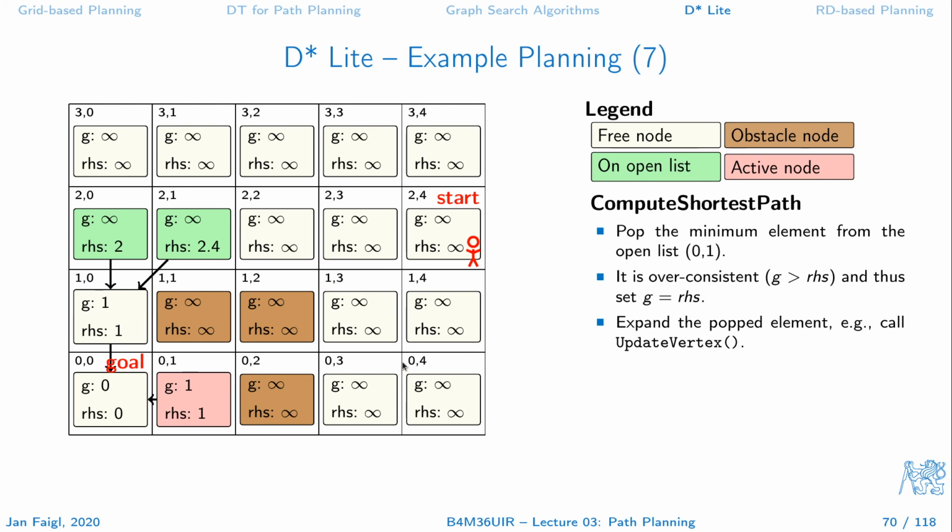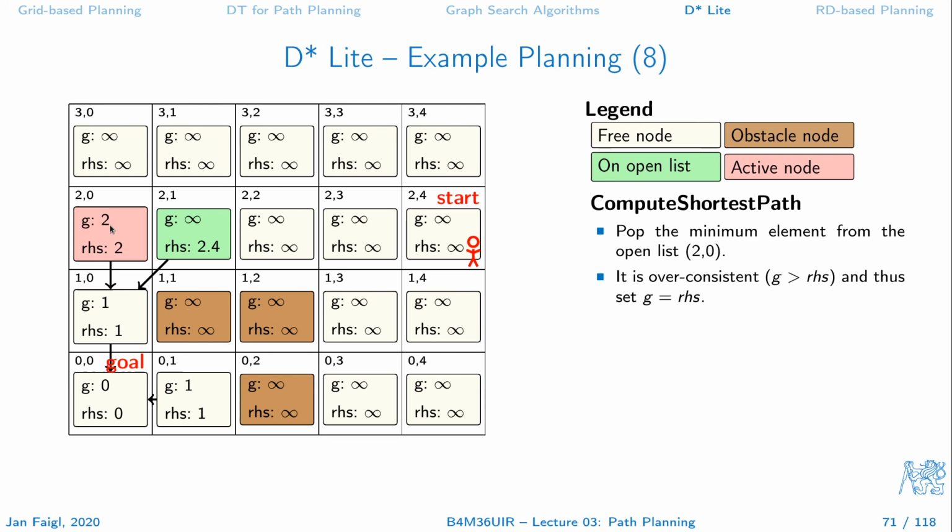Now we will expand the open list. And we pop the minimum node, which is this one. But this will be easy because it's already the obstacles. So we expand the next one with the minimum value, which is this one. Sorry, it's 2 and 8.